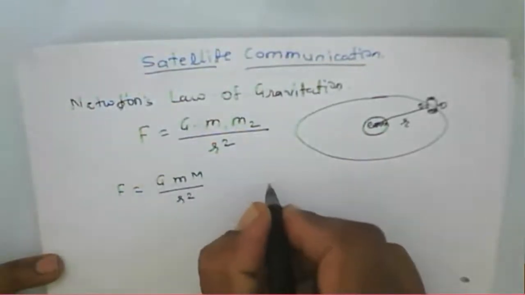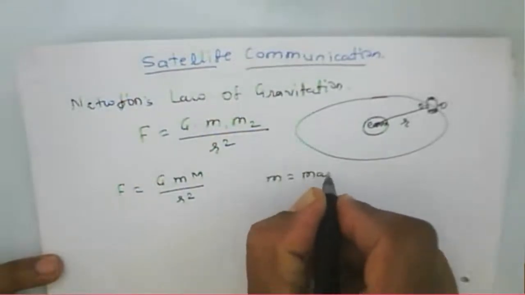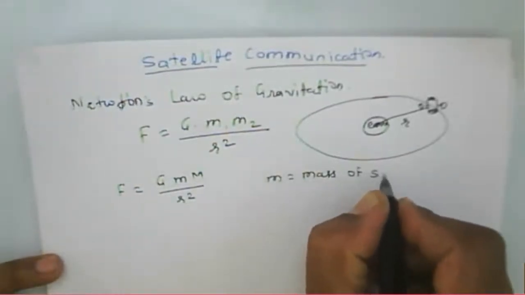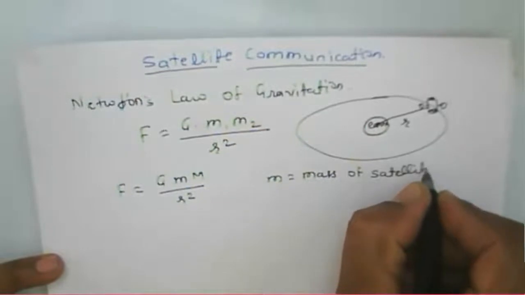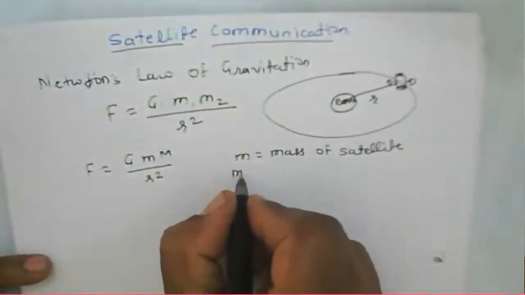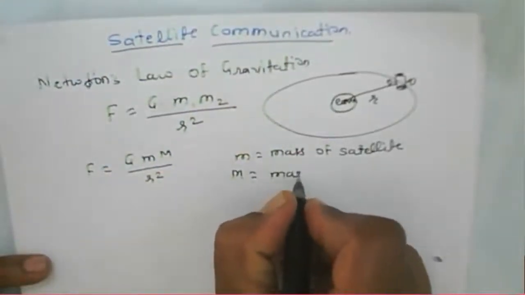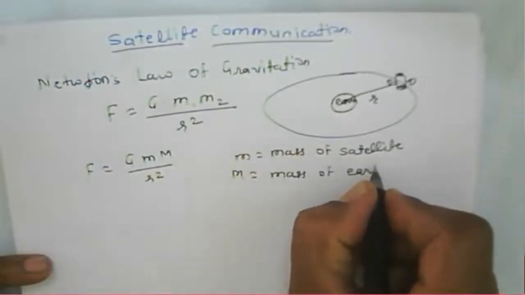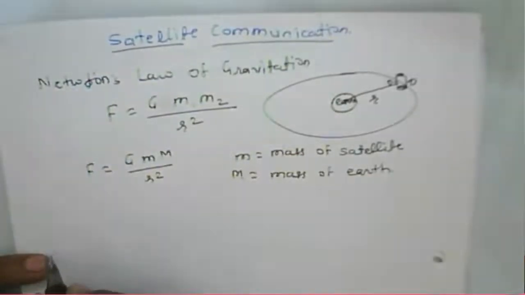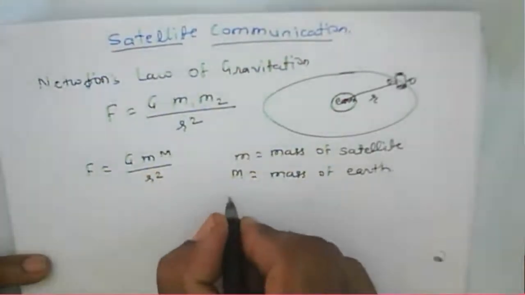And this R is the distance from the center of the earth to the satellite.